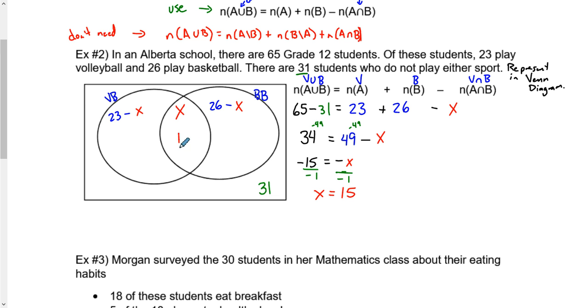So saying that x is 15, which means that there will be a total of 11 that just play basketball and a total of 8 that just play volleyball. And if you take 8, 15, 11, and 31, add it all up together, it equals 65.